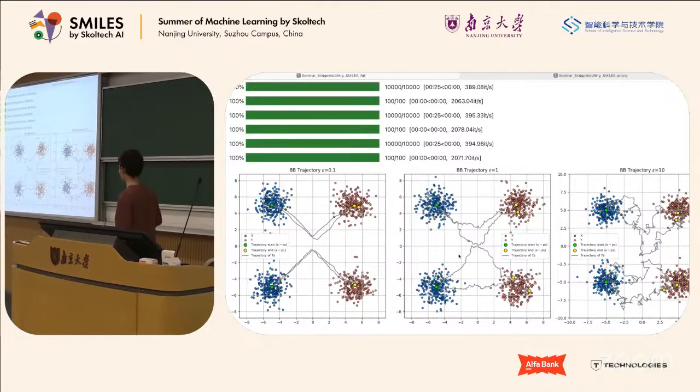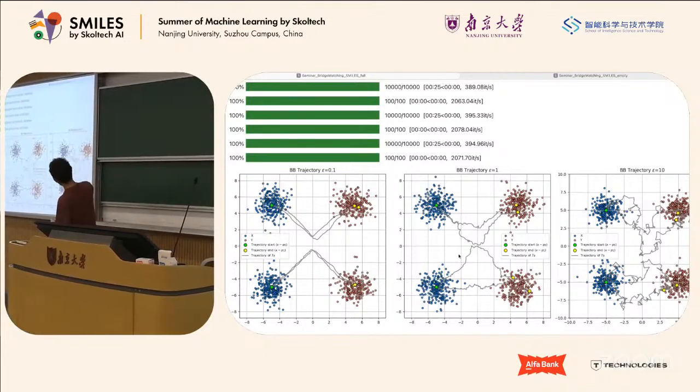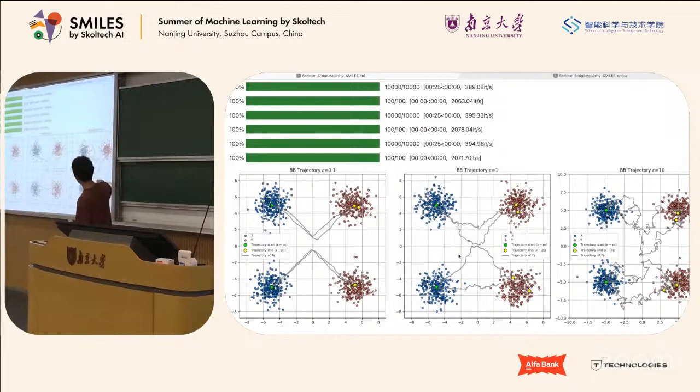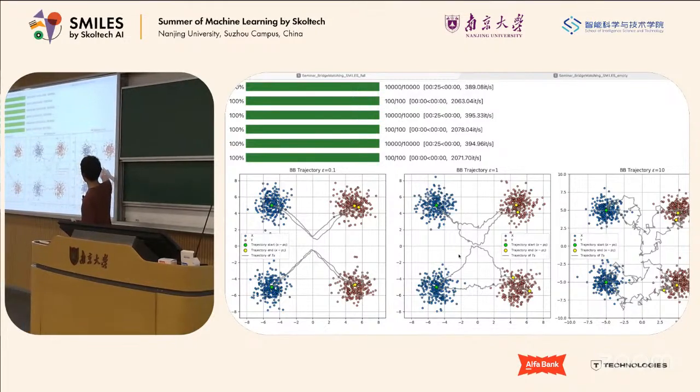You can see in particular how volatile it is: this point goes from here to here, so it goes to the left.